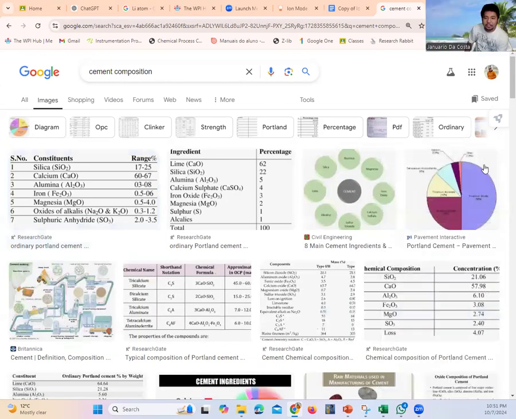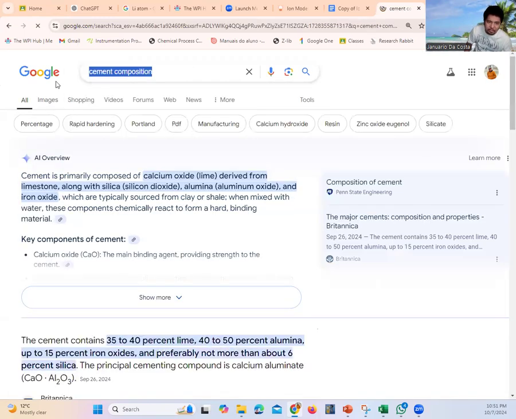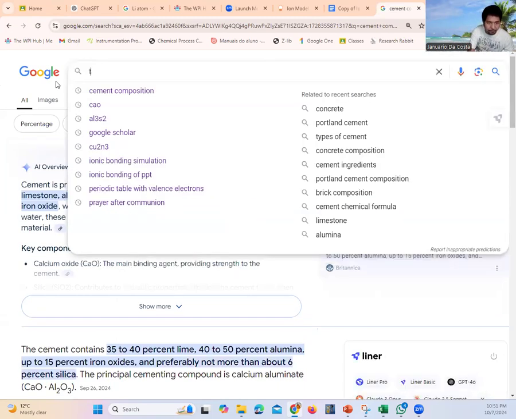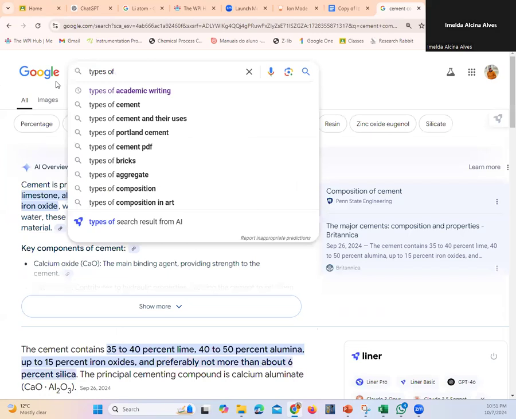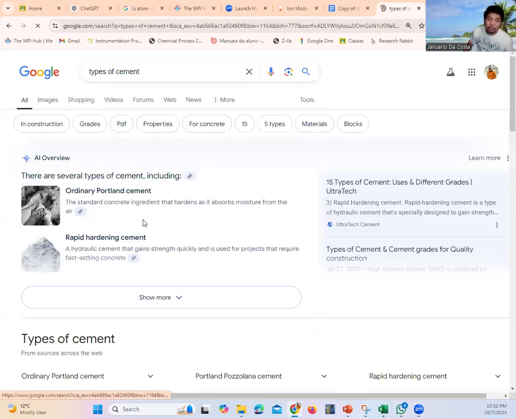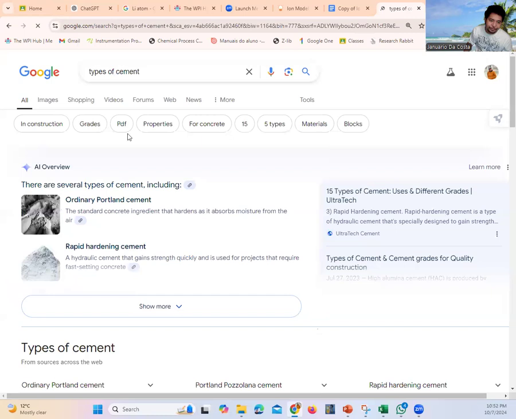What is the type of cement? Types of cement. Portland cement, yeah.